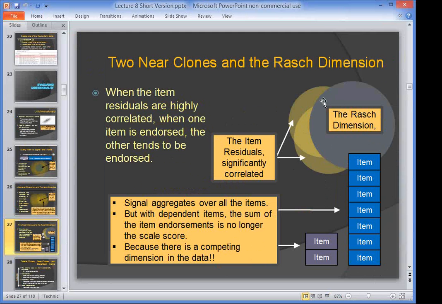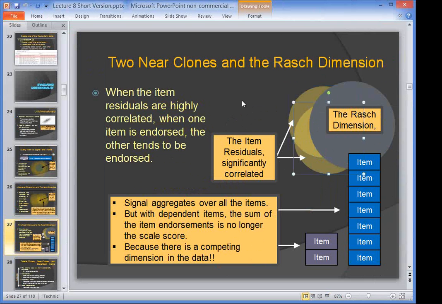But let's look at this simple case. We have the Rasch dimension here, and we have two item residuals here that are strongly correlated. Well, what does it mean for items to be correlated? Basically, it means that what happens to one item tends to happen to the other item, right? So if one of these correlated items is endorsed, then the other item tends to be endorsed.